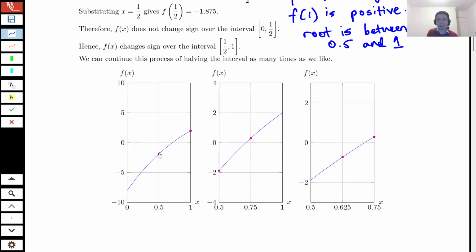So imagine I just have these two dots here. At half, f is negative. At 1, f is positive. So based on these two calculations, I know the root is between 0.5 and 1.